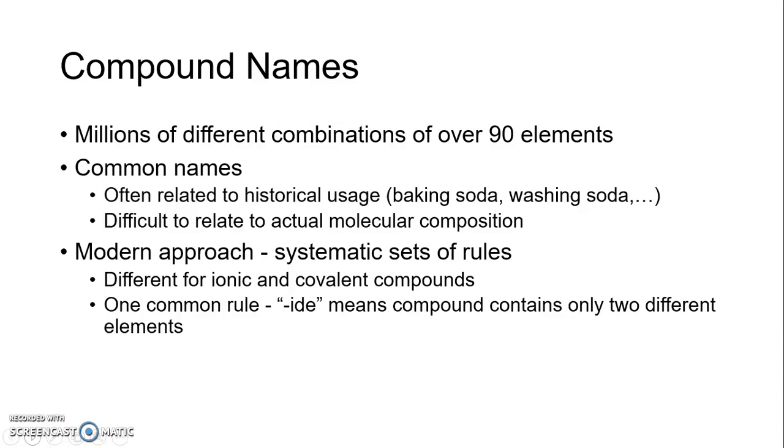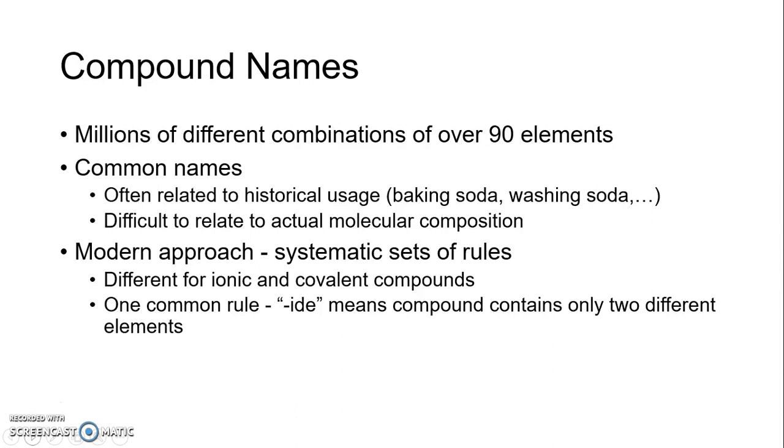It will include the number of atoms, the individual atoms, and different terms within the naming sequence, which help us understand what those compounds are actually made of. Now, these rules are different for ionic and covalent bonds, and so we can't address them yet. We'll address them when we talk about the individual bonds.